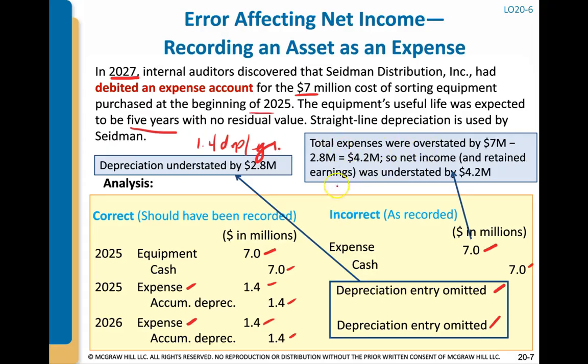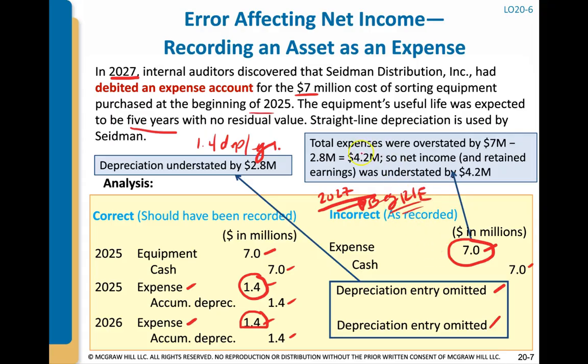When we come into 2027, looking at our beginning retained earnings for 2027, what are we missing? Well, we have too much expense for 7 million, but then we're also missing this $1.4 million depreciation expense from 2025 and 2026. That would have all been included as part of the 2027 beginning retained earnings.